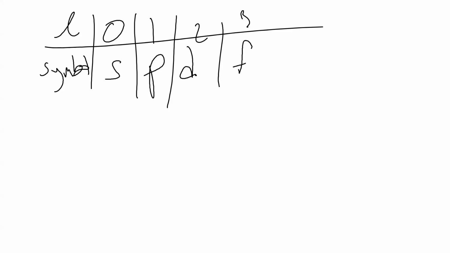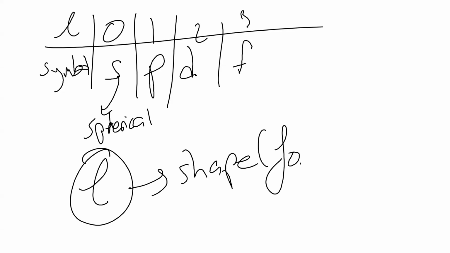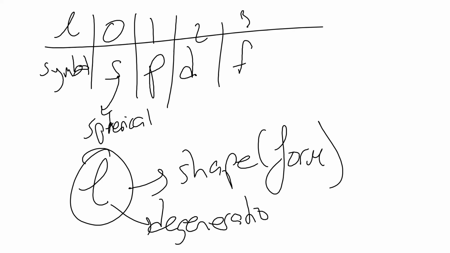Okay? S usually is a spherical structure. When I first spoke about the definition of L, we said that it describes the shape or the form of the orbital, and it also describes the degenerations, how many degenerations we have in the orbital.